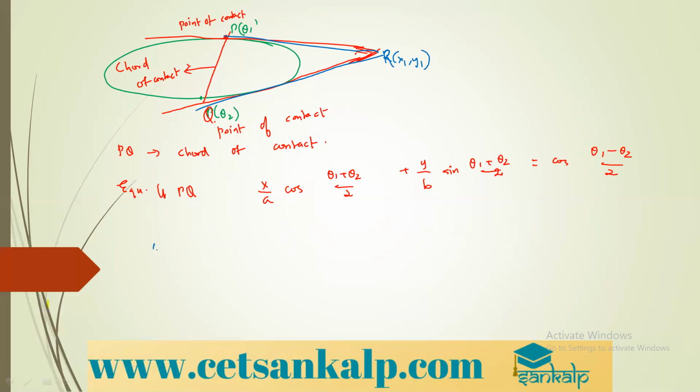Then in such case, the equation of chord of contact can be written in another way. That is x(x1) by a square plus y(y1) by b square equal to 1.